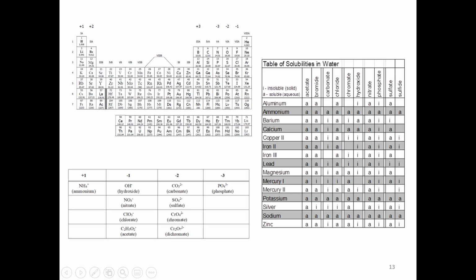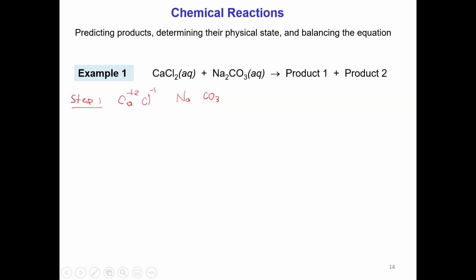And carbonate is -2. Yes, sodium is +1 and carbonate is -2. And now we know what the charges are for each of these ions.